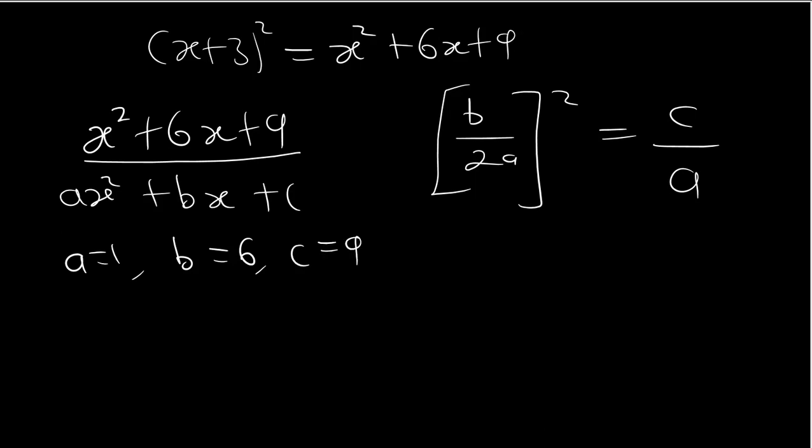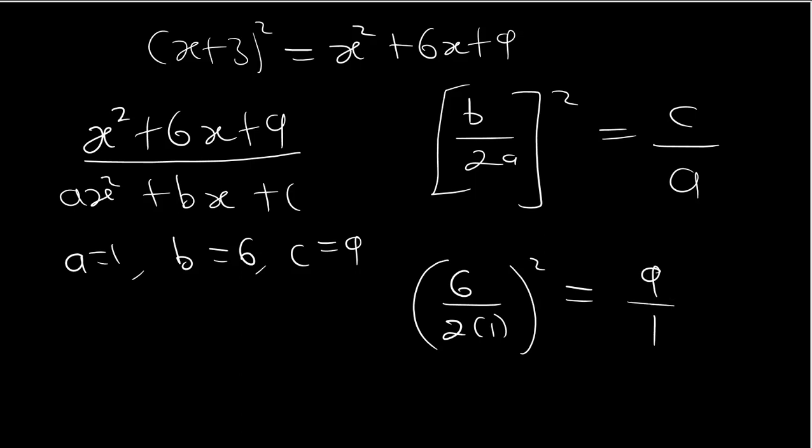So testing, we are going to have our b, which is 6, over 2 times our a, which is 1, all squared, supposed to be equal to our c, which is 9, over a, which is 1. Indeed, 6 divided by 2 times 1 is going to give us 3. So we're going to have 3 squared is equal to 9. And indeed, 9 is equal to 9. So indeed, this is true.